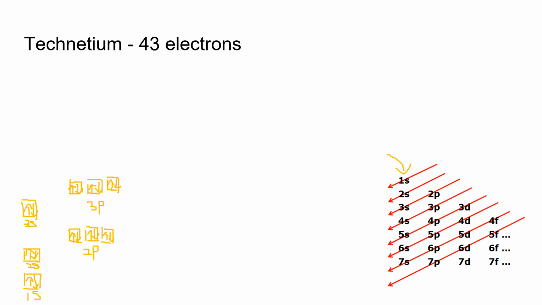And then 4s with two electrons, and then 3d, somewhere over here, with five orbitals.